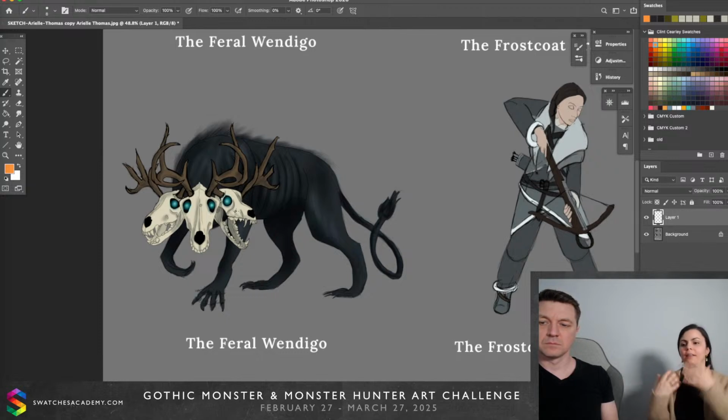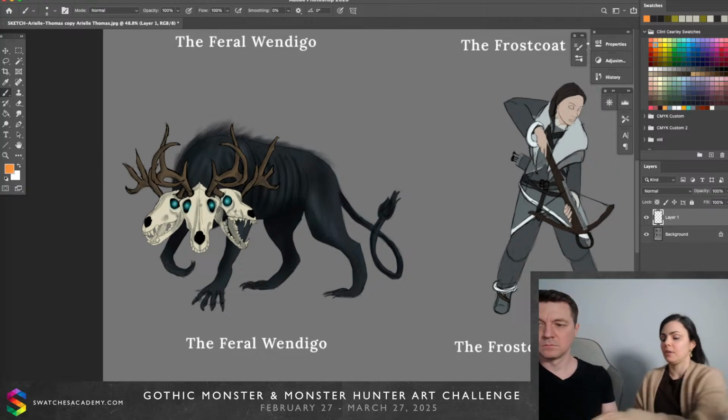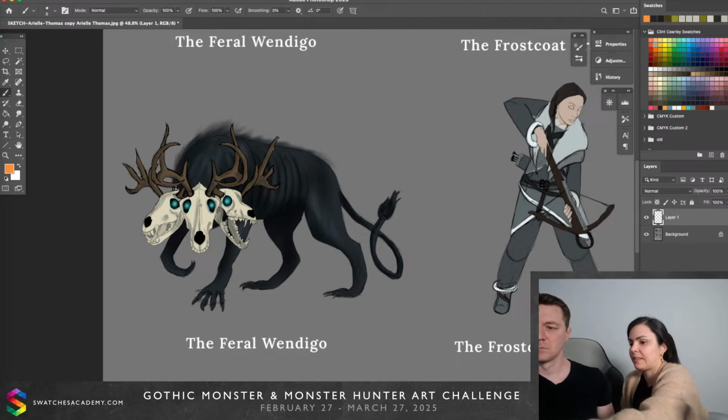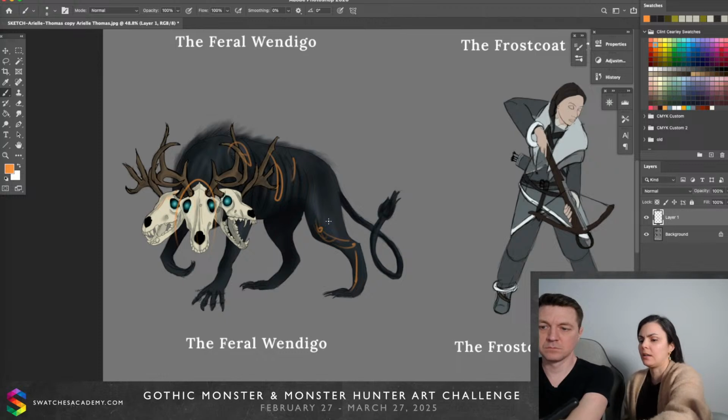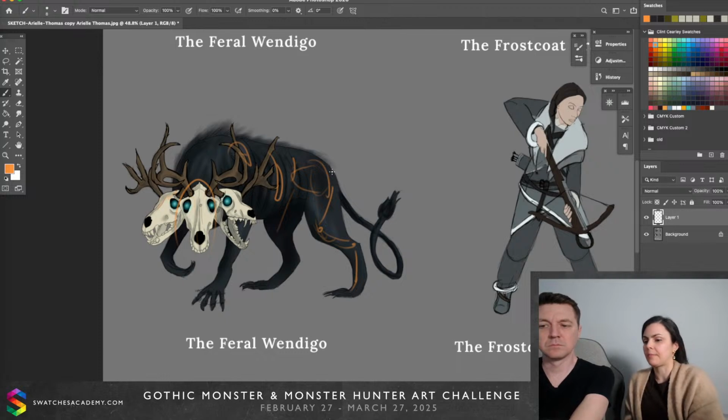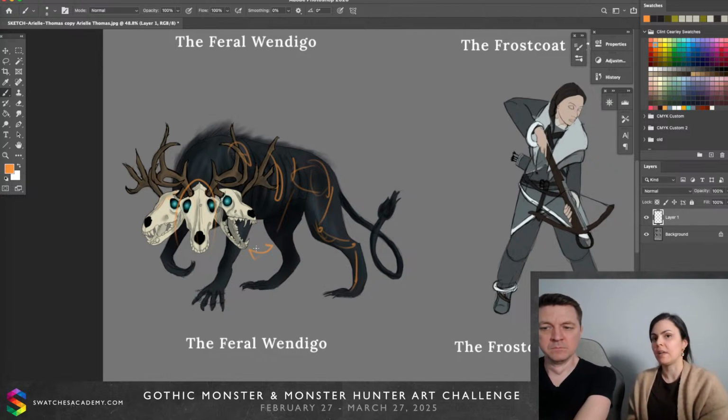So it's kind of odd, why is there no fur on his head but everywhere else? So if you could, you can bring some of the skin and fur onto the heads. Maybe some of them have more than others. And then you could have some of the bones exposed in different areas if you wanted to do that. So something to think about is just tying them together more overall. And that might make it more scary also, a little more spooky.